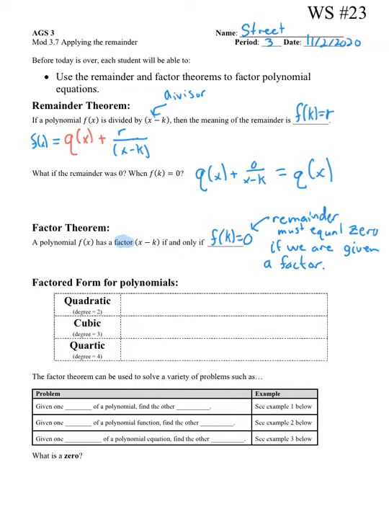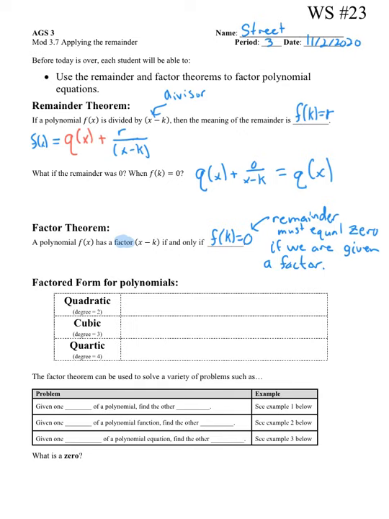Okay, that's the idea here. So a polynomial f of x has a factor if and only if this is true. We find that value k and f of k equals 0, that'd be it.